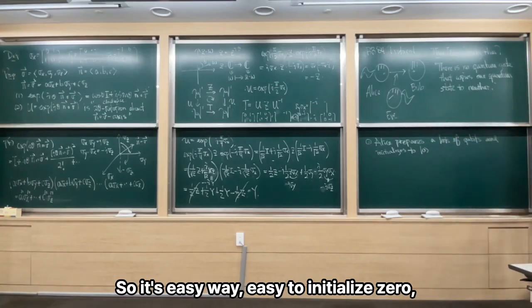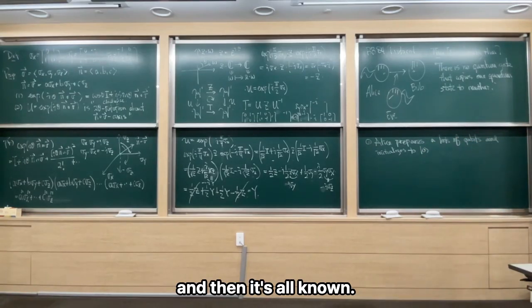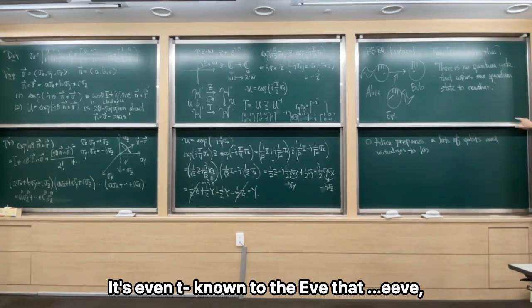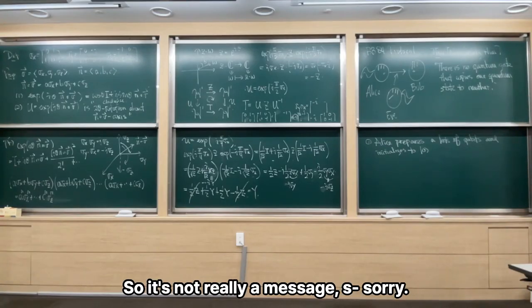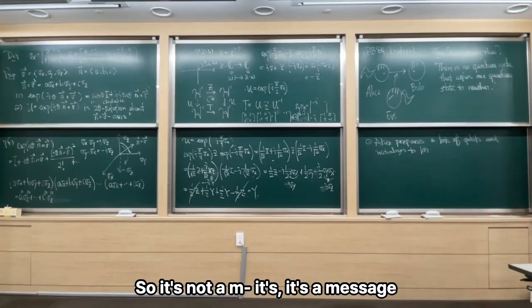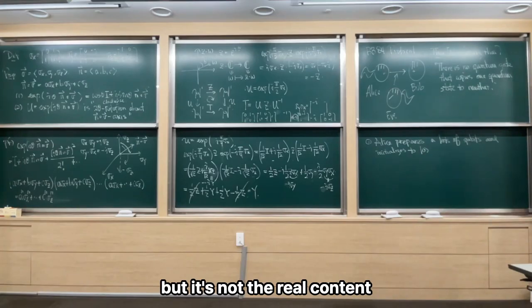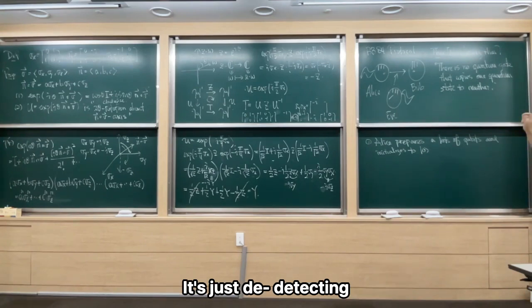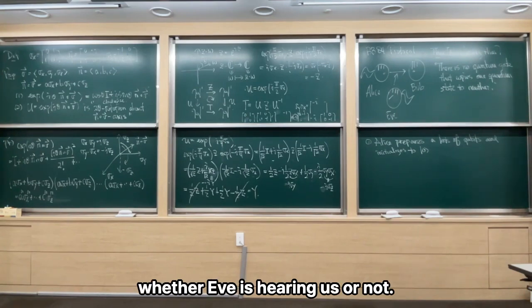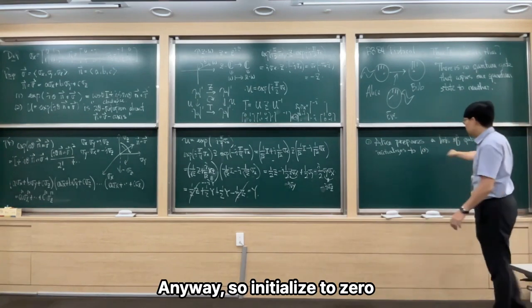It's easy to initialize 0, and then it's all known. It's even known to Eve that Alice is preparing the original message. So it's not really a message, sorry. It's a message, but it's not the real content of what Alice wants to deliver to Bob. It's just detecting whether Eve is hearing us or not. So anyway, initialize this 0.